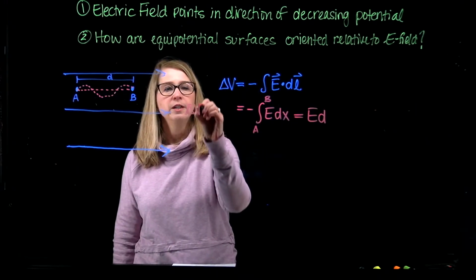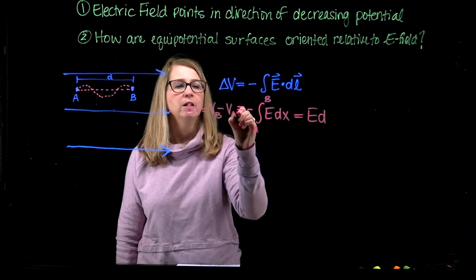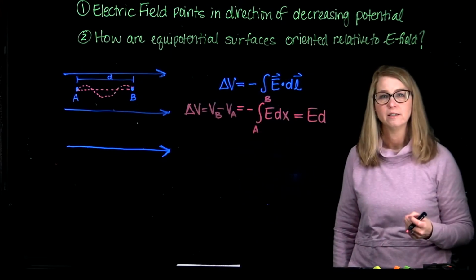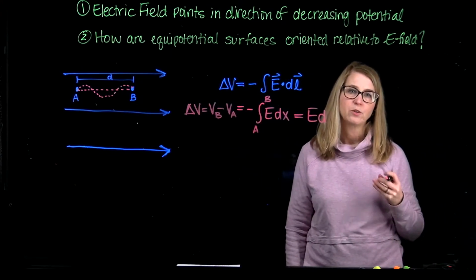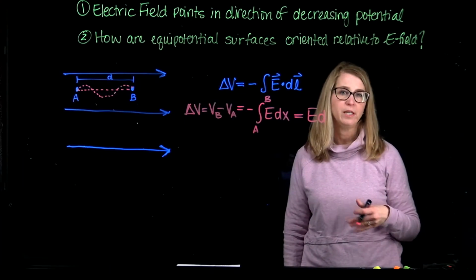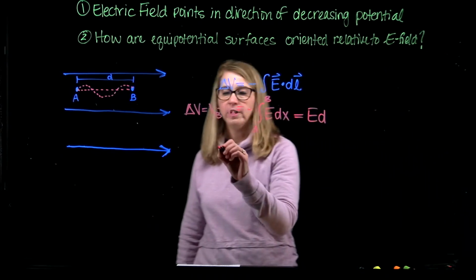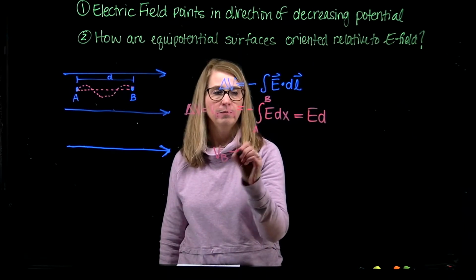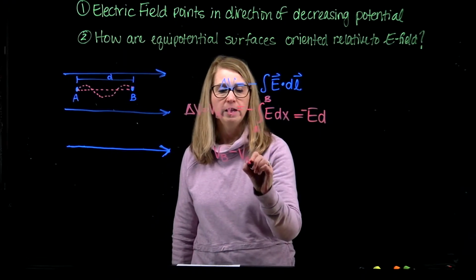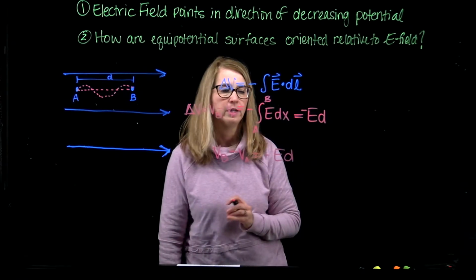This is delta V, which is going to be VB minus VA, remembering that when we see the change in anything in physics, it's always the final minus the initial. And final is my point B, my initial is point A. So VB, sorry, I forgot my negative sign, that's really important, VB minus VA is equal to minus E times d.